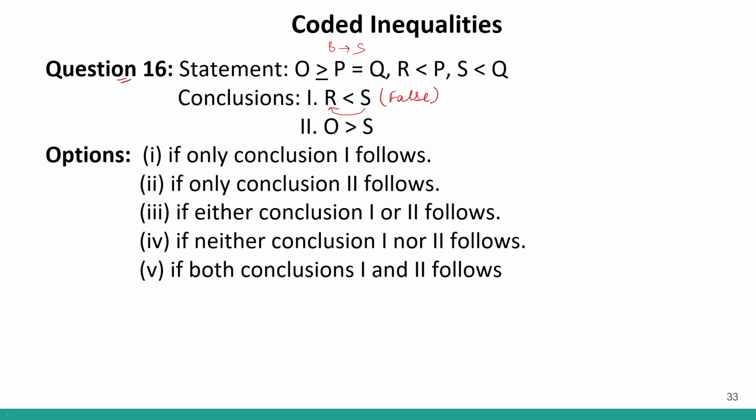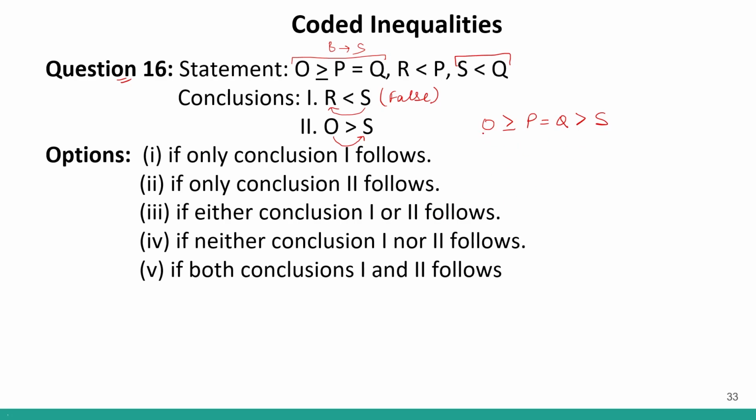Now, the second one is O is greater than S. So if I have to see whether O is greater than S, I will move from O to S. Correct? I will move from O to S. So if I look over here, I have a relationship between O and Q and S. So it is given to us that O is greater than equal to P, which is equal to Q, and Q is greater than S. Correct?